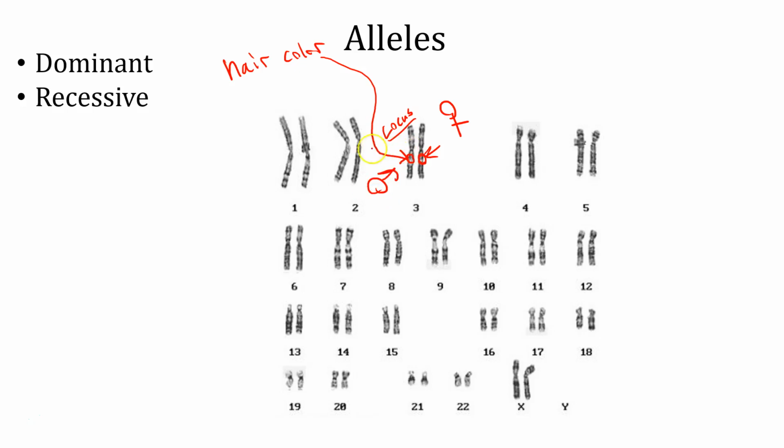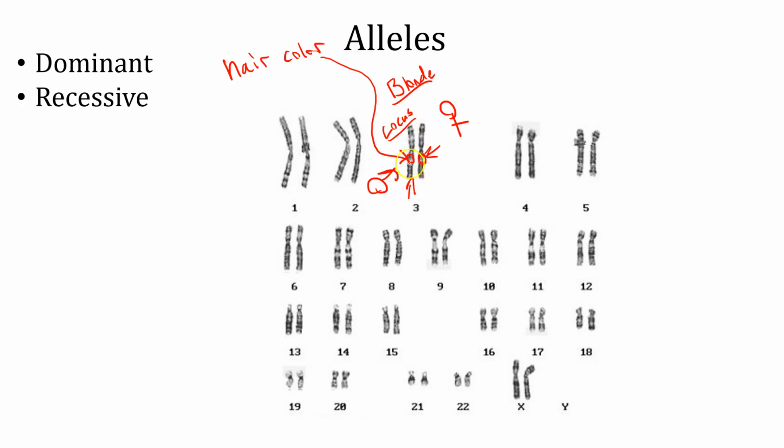Let's say that dad, in the process of meiosis, when sperm was being produced, packaged up a chromosome that bears the gene for blonde hair color. Maybe he didn't even have blonde hair, but in his genome he had a gene for blonde hair, and when it was packaged into a sperm and met this egg, it led to this combination.